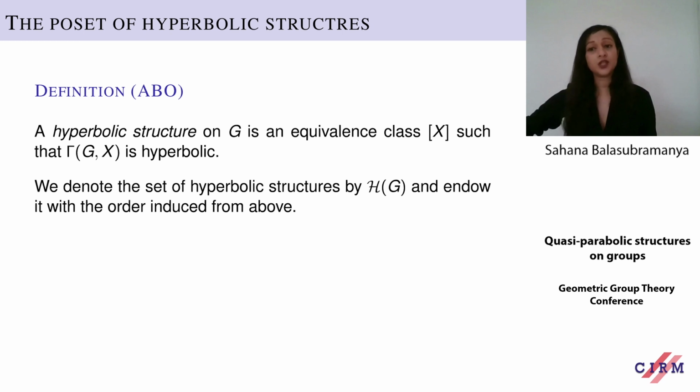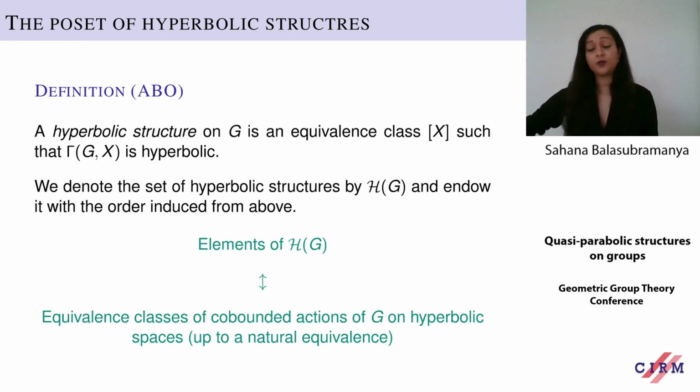And one thing I'd like to mention about H of G at this point of time is that we don't actually only have to think of equivalence classes of generating sets. We can start in a much more general setting, that of co-bounded actions of our group on hyperbolic spaces. And there is a way to put these into one-to-one correspondence with the elements of H of G. And the proof of this is really very similar to the proof of the Milnor-Schwarz lemma.